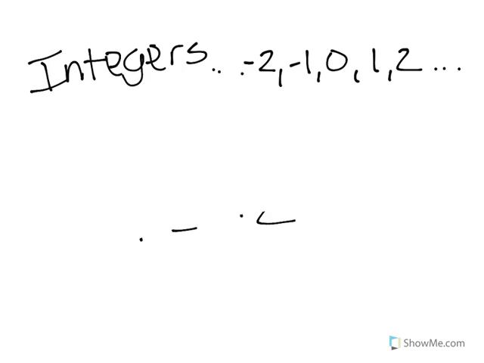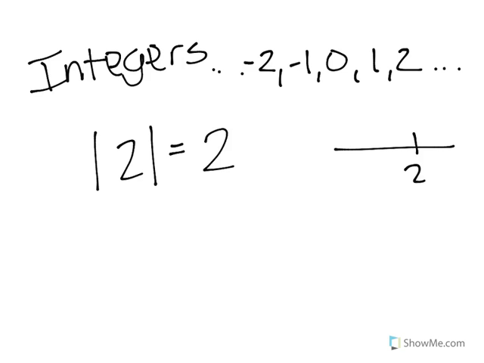Now, I mentioned absolute value. In case you're unsure of absolute value, two parallel lines, a number in between. The absolute value of any number is the distance a number is from 0. So the absolute value of 2 is 2. And why is that? Because 2 is 2 units away from 0. The absolute value of -2 is also 2. Why is that?